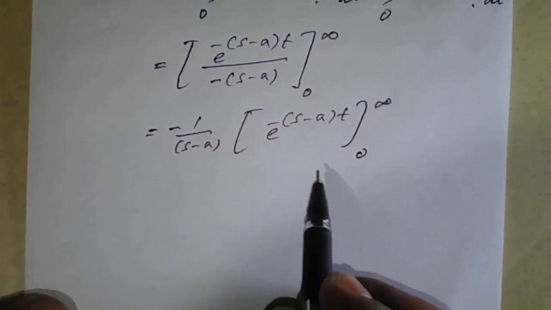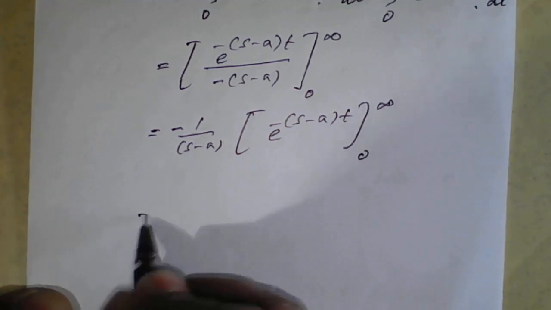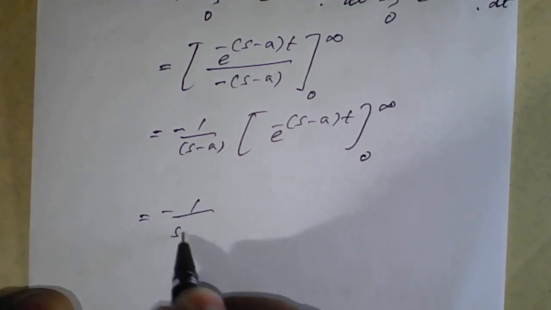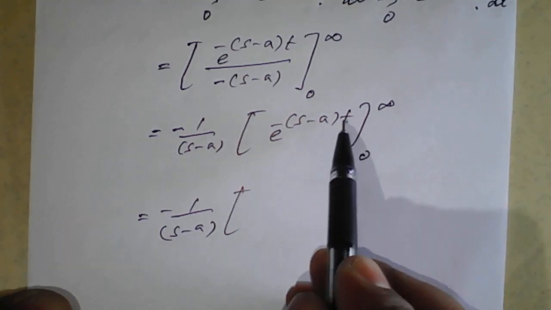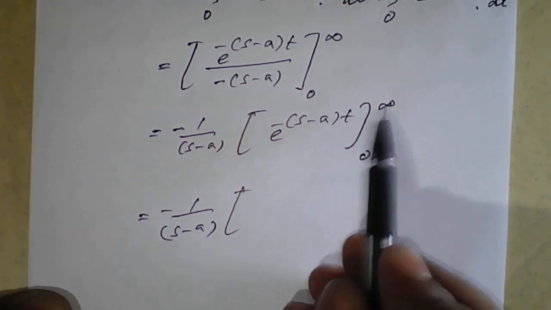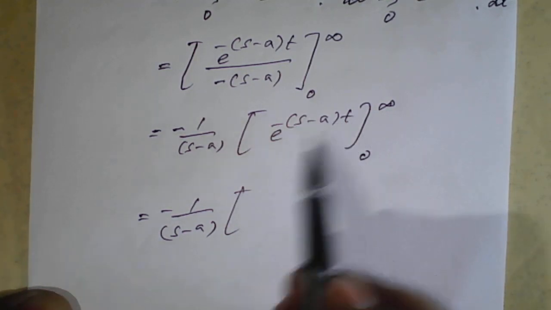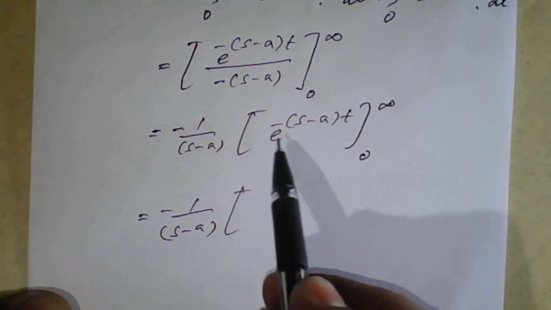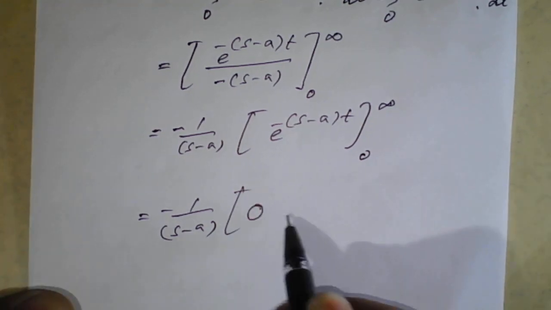So apply upper and lower limits now. Again, I will not go into detail. Minus 1 upon s minus a will keep as it is. If you apply the upper limit, infinity, in place of t, e raised to minus times s minus a into infinity will be e raised to minus infinity, which is 0. So we write 0 here.